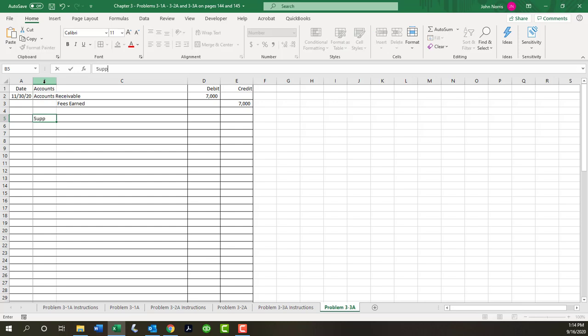So supplies expense is the income statement, and supplies, which had a balance of $16,200, and we have $1,300 left. So the required adjustment is $14,900.